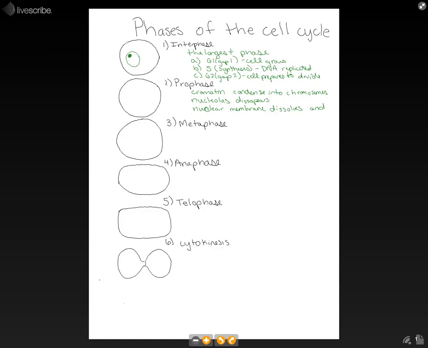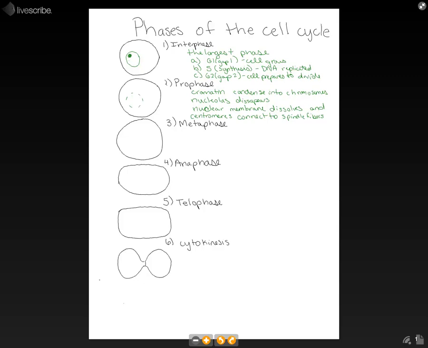And we have our centromeres connect to the spindle fibers. In this phase, we're going to show our nuclear membranes kind of dissolving. We don't have a nucleolus anymore.